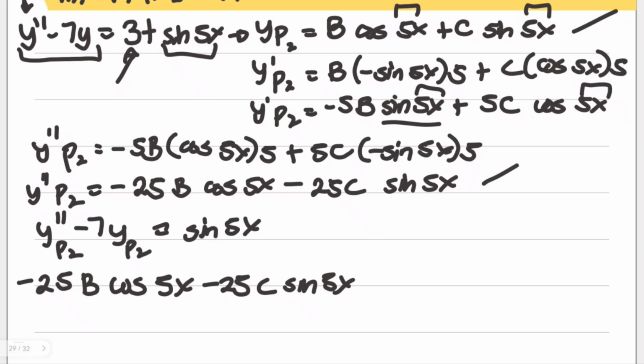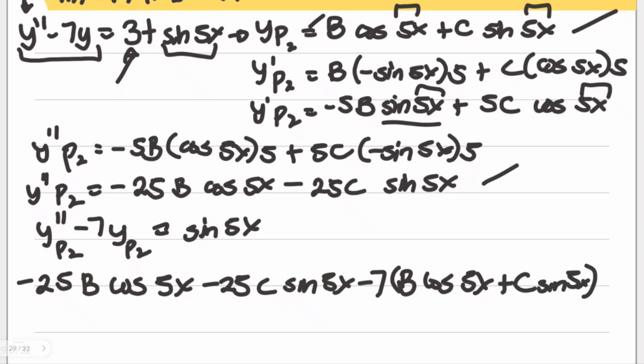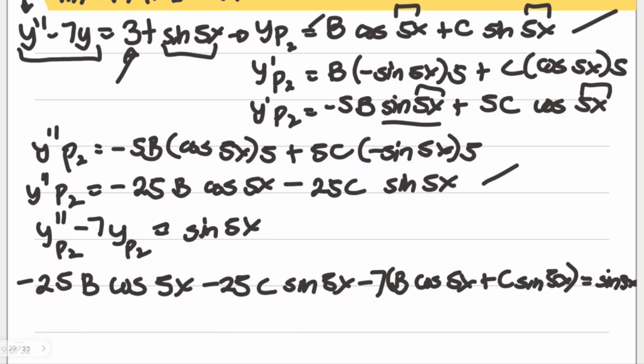That's just for this term, minus 7 times y sub p sub 2, which is b cosine of 5x plus c sine of 5x. These are all equal to sine of 5x.